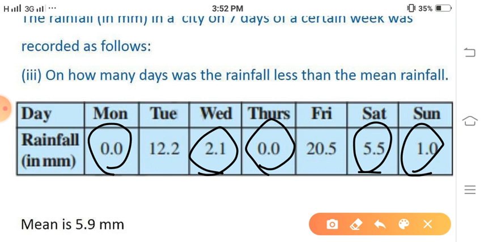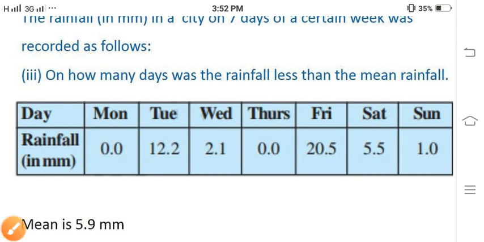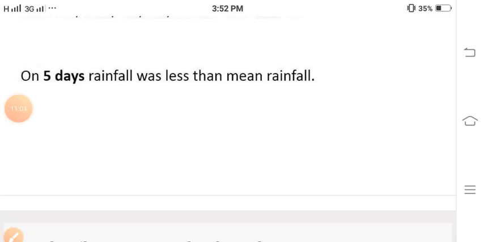So therefore, on 5 days, rainfall was less than the mean rainfall.